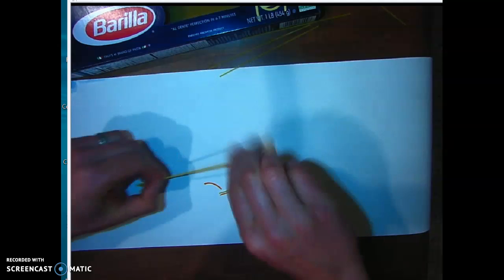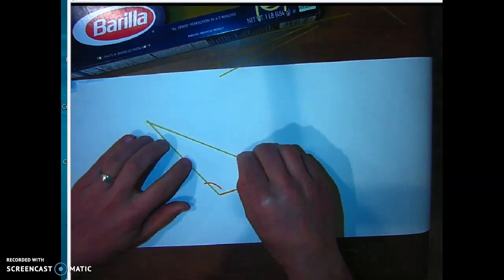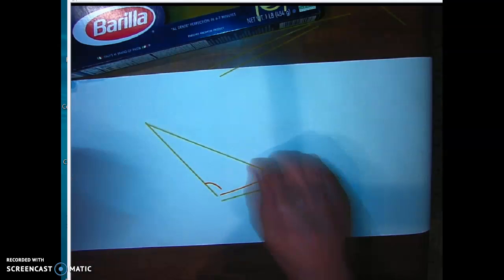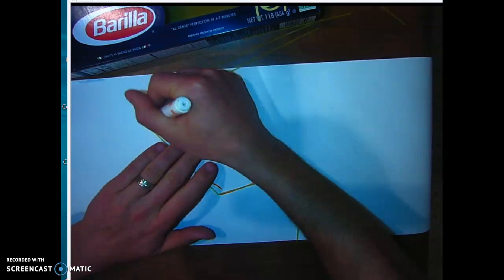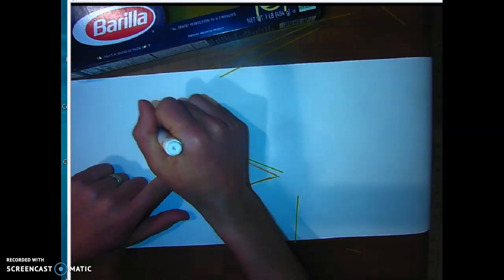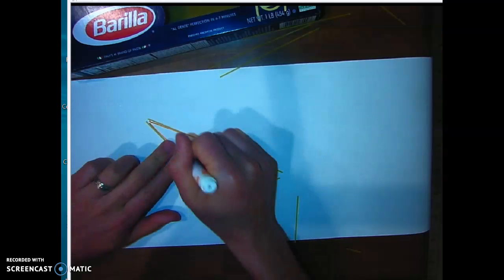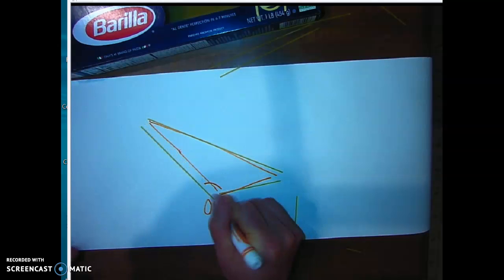So I know that I have an obtuse scalene triangle. There we go. All right, so I'll write it in there.